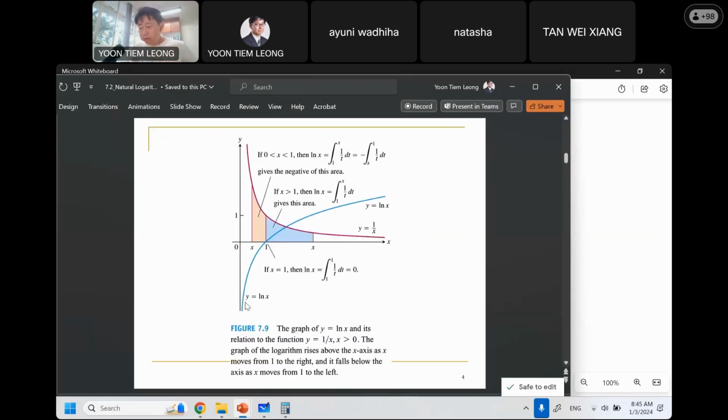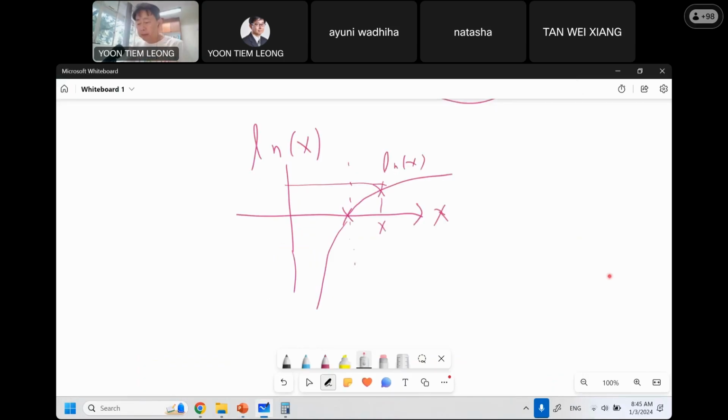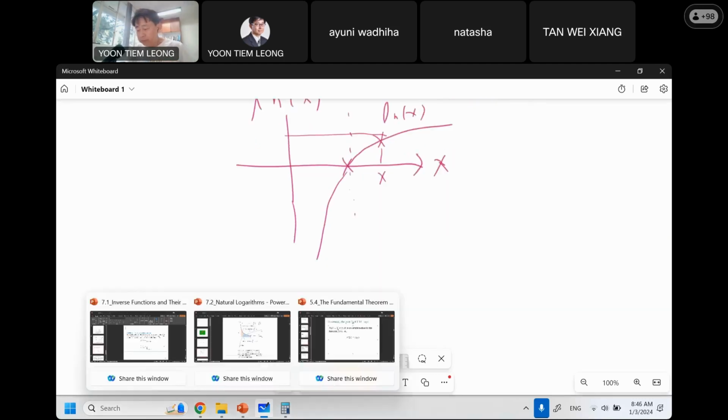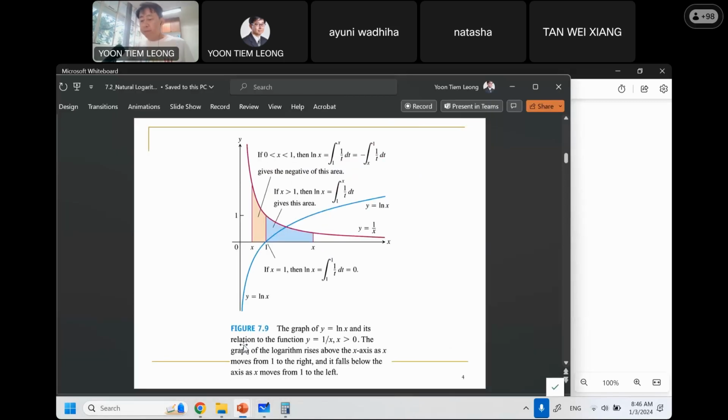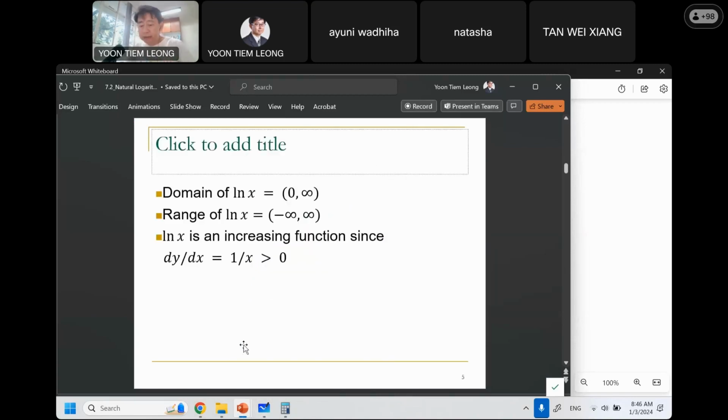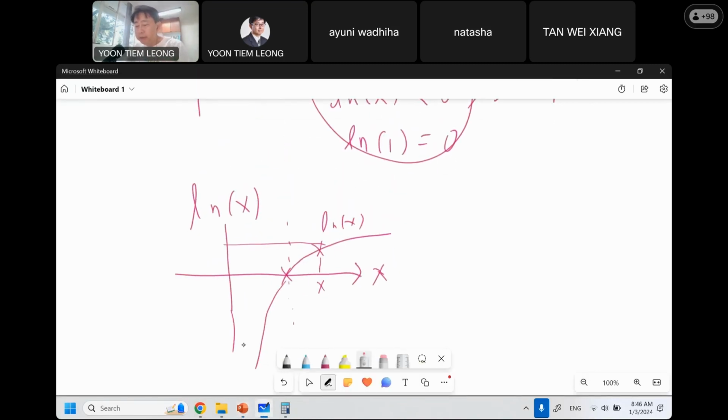Now, once we have defined the natural log and the sign of the natural log when x is larger or less than 1, we have to proceed to further investigate some of the other properties of the natural log. The next thing to explain is the domain and the range of the natural log.